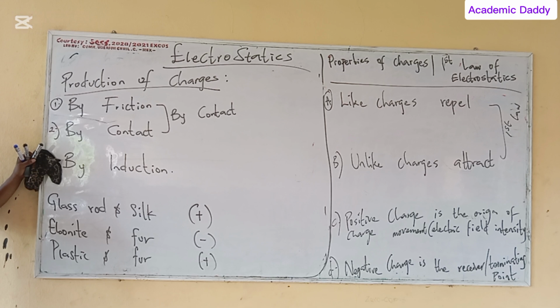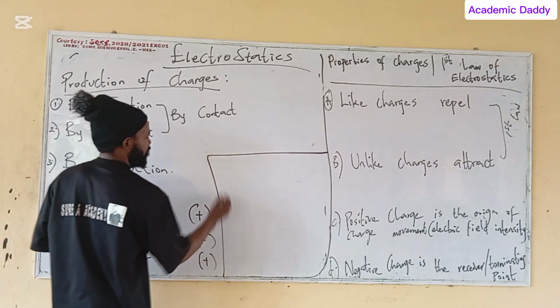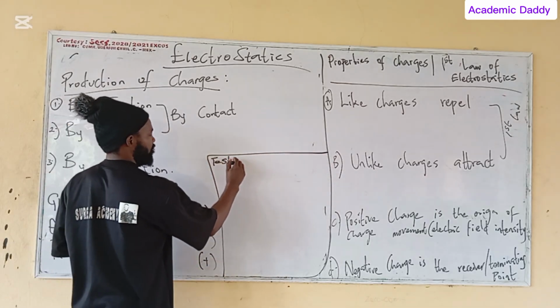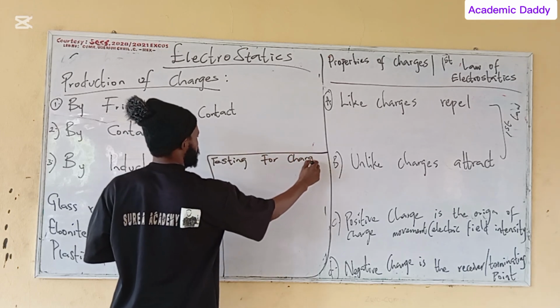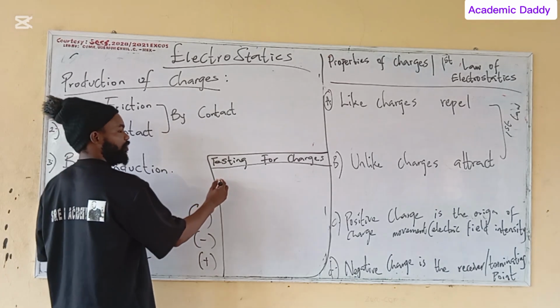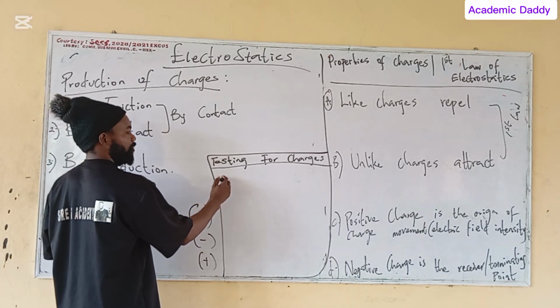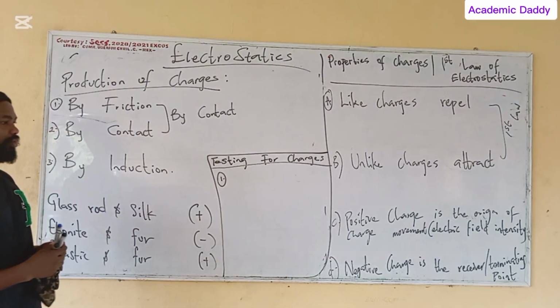And if that be the case, a question can come: how do you test for charge? Testing for charges. The only way you test for charges is when you get repulsion.